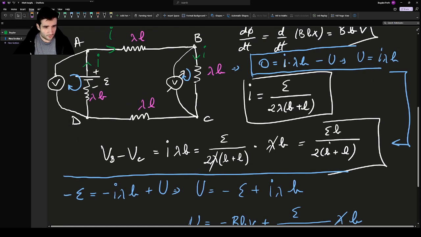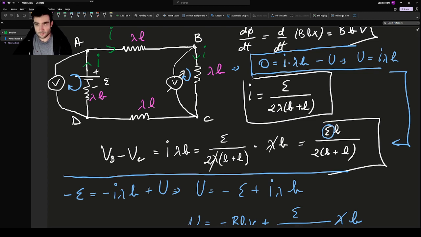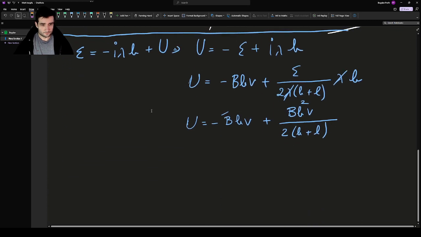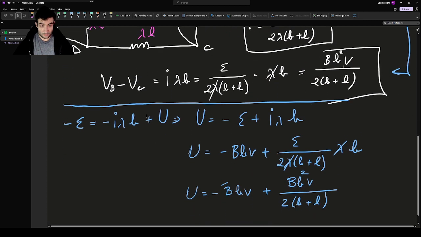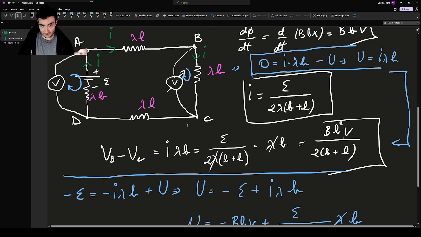The only thing to keep in mind is that this epsilon should also be replaced with the value of EMF that we got, which is B times B times V, like this. And once you do that, you'll have an expression for the potential difference between A and D, and then between B and C. And that's the end of the question.